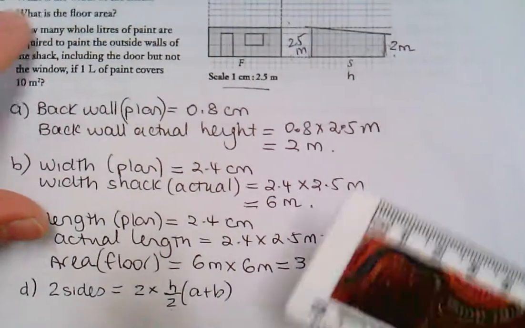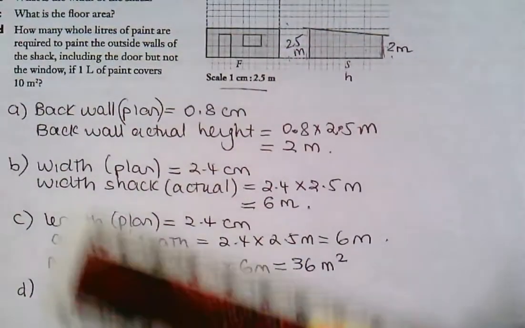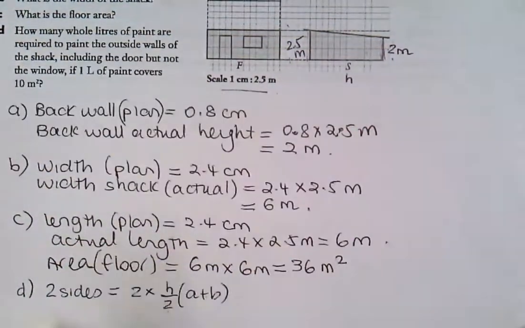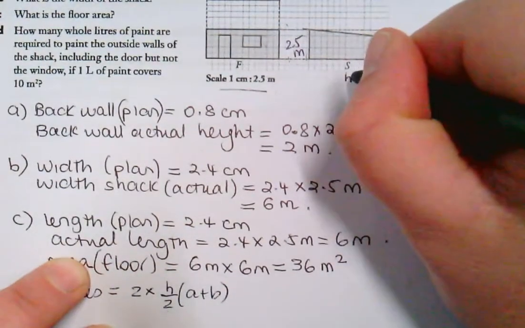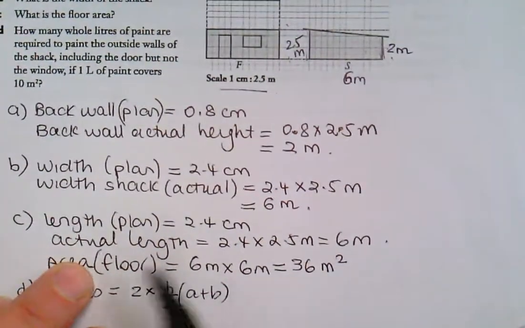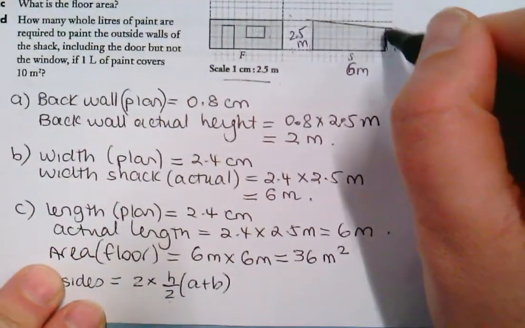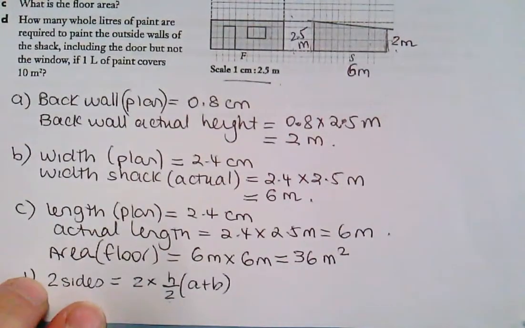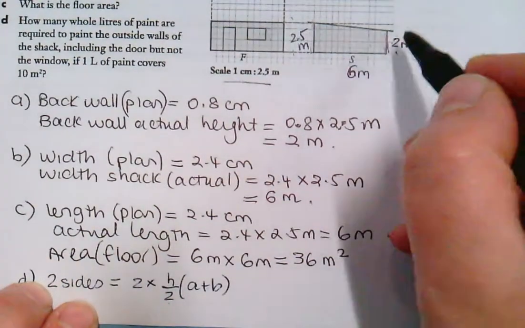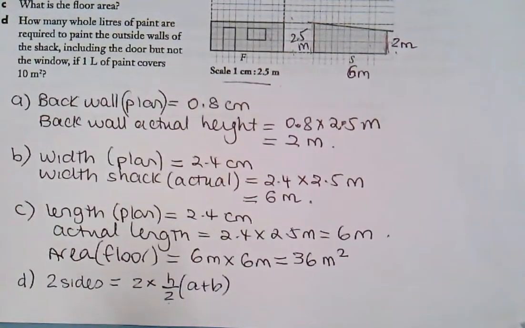And we already know the width of the shack, and we already know the length of the shack from part C. So the length of the shack is 6 metres. We already did that in part C. So here's our trapezium. The parallel sides are 2 and 2.5, and the height of the trapezium is 6. So your 2 and your 2.5 are your A and B. They're the parallel sides of your trapezium.